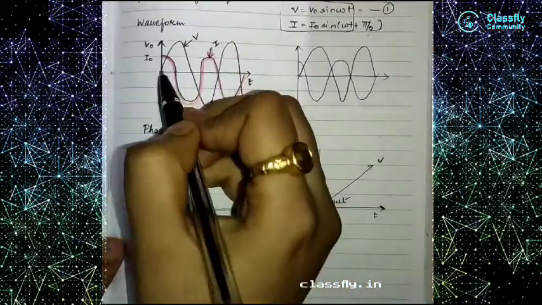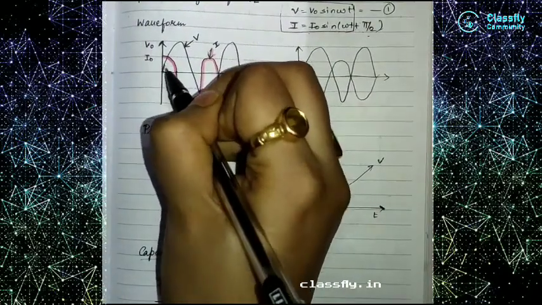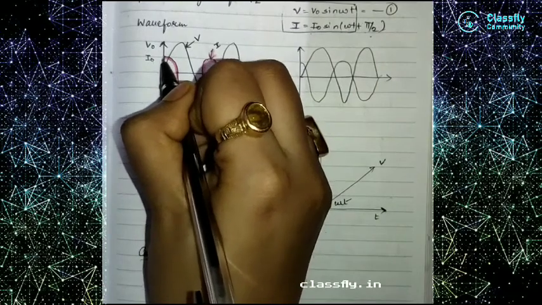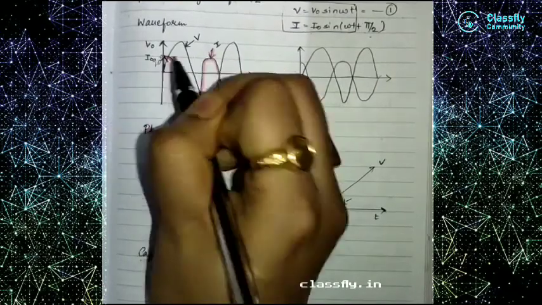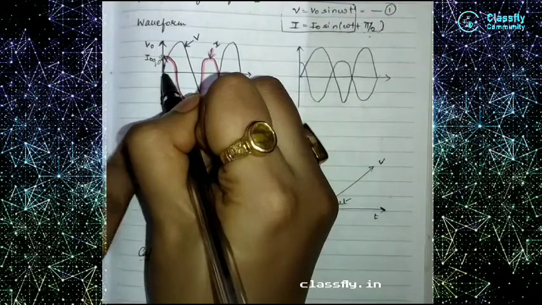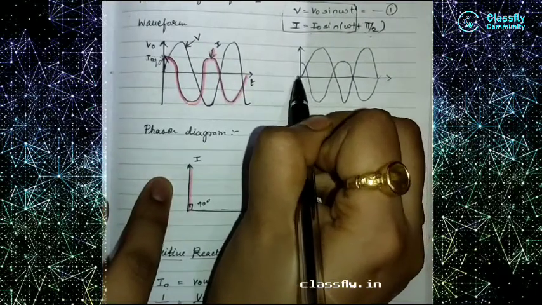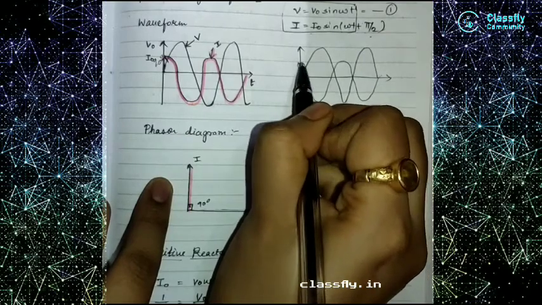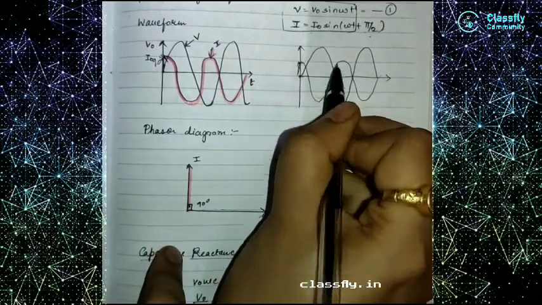See, in the waveform, the V has started from 0, but our I has started with a lead of 90 degrees. It has started before V, that means this is the leading current. So this is our current.